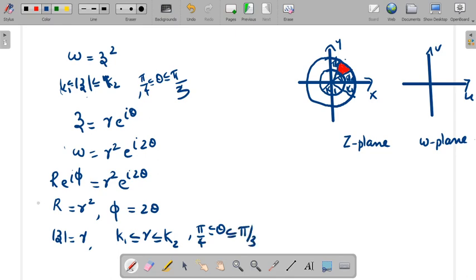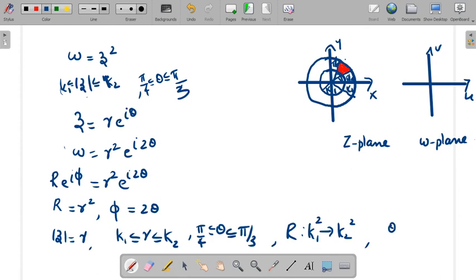So as r varies from k1 to k2, what we get is our capital R. Capital R എന്താണ്? Capital R, r square ആണ്. So capital R will vary from k1 square to k2 square.